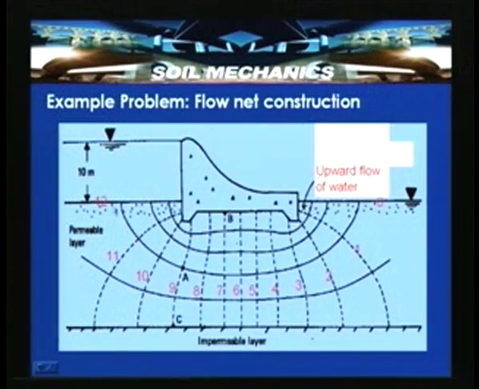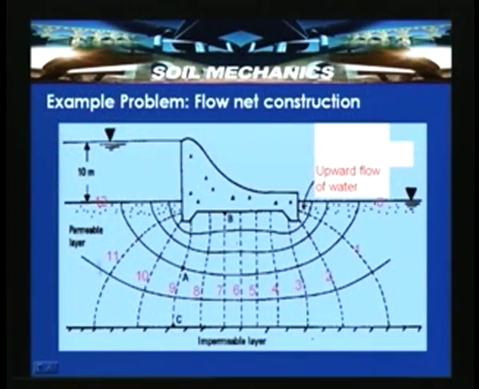If this is the x axis and this is the z axis, then this is the xz plane, and again it is two dimensional flow. So, this is an example of confined flow with a masonry dam resting on a permeable soil medium. Below there is an impermeable soil layer.